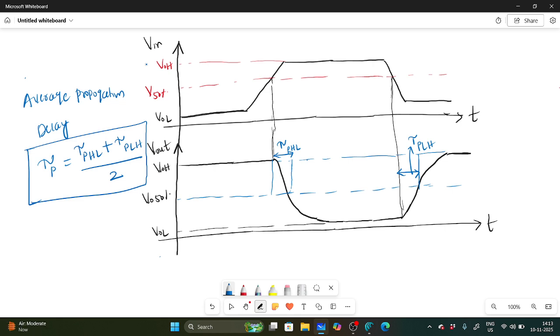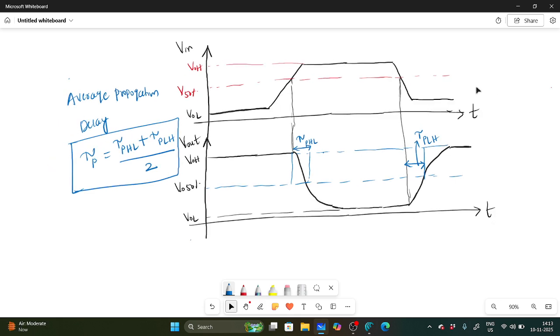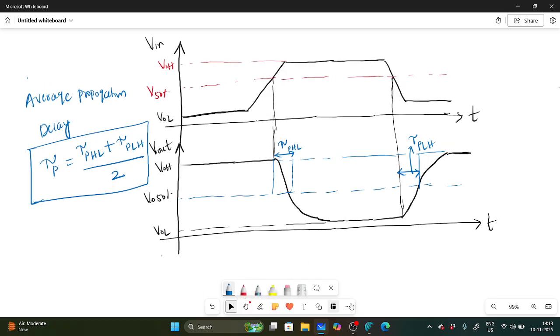So how to minimize this propagation delay? There are some steps.